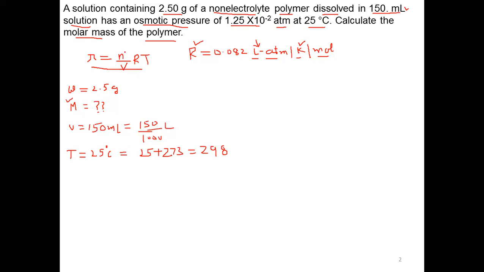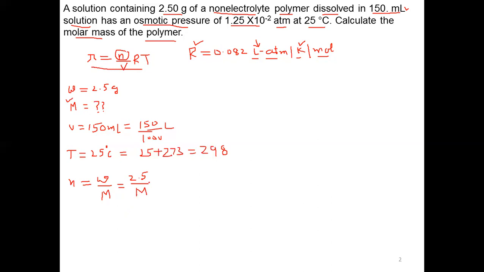But in this formula there is no M. M will come from n, which is the number of moles. n is given by weight divided by molecular weight. So weight is 2.5. Molecular weight we don't know, we have to calculate, so we have assumed it to be M. So this is n.